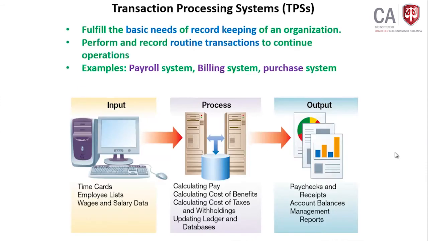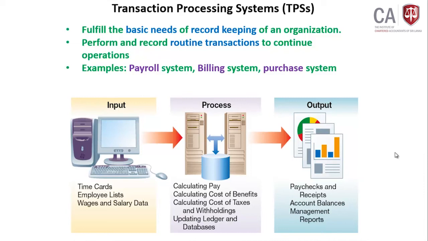What does TPS mean? Transaction processing. That fulfills the basic needs of record keeping of an organization. There is an input, that is processed, that gives an output, like time card, employee list, wage and salary data. There are some transactions, those are input.